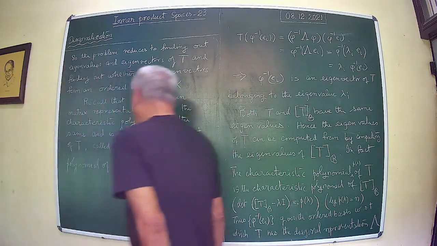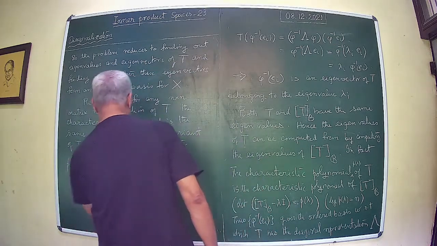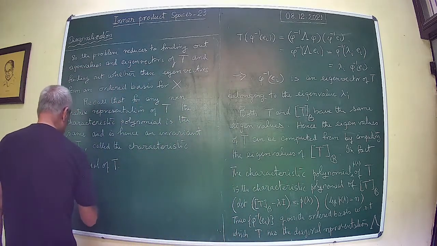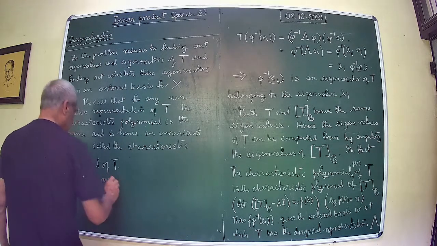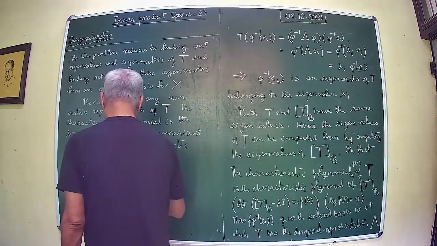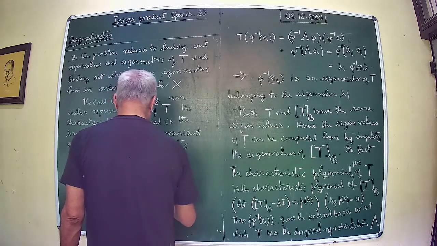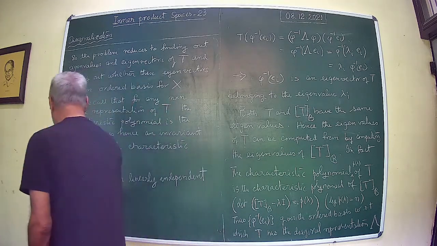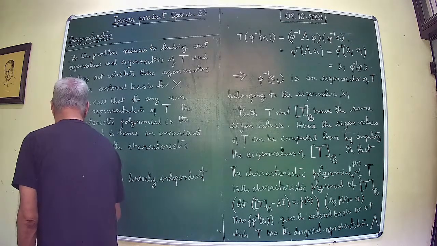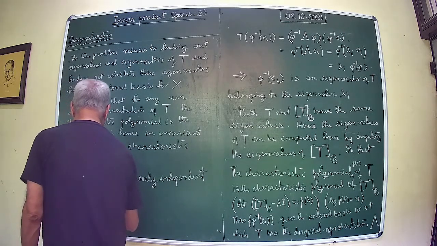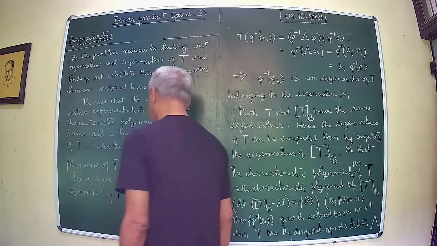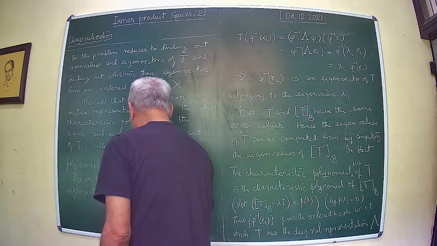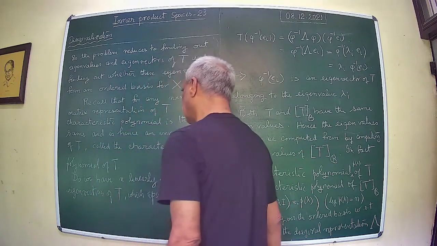So eventually what comes out is this. Eigenvectors of T, which span the space.